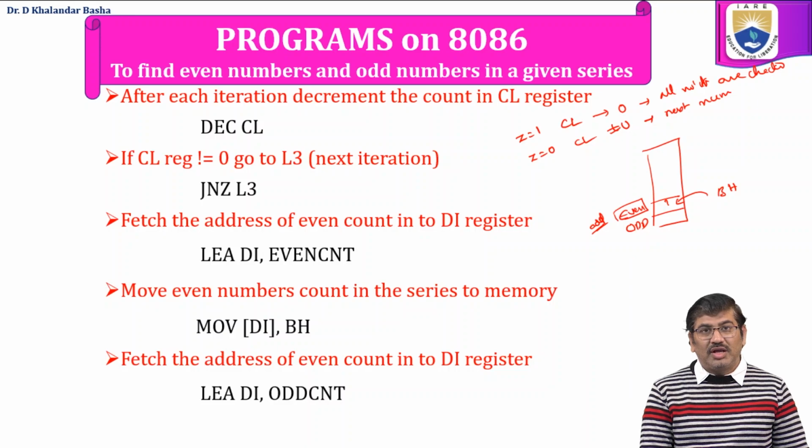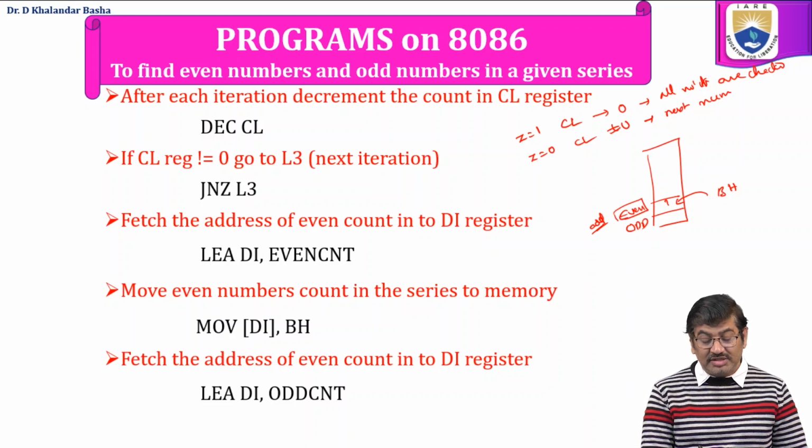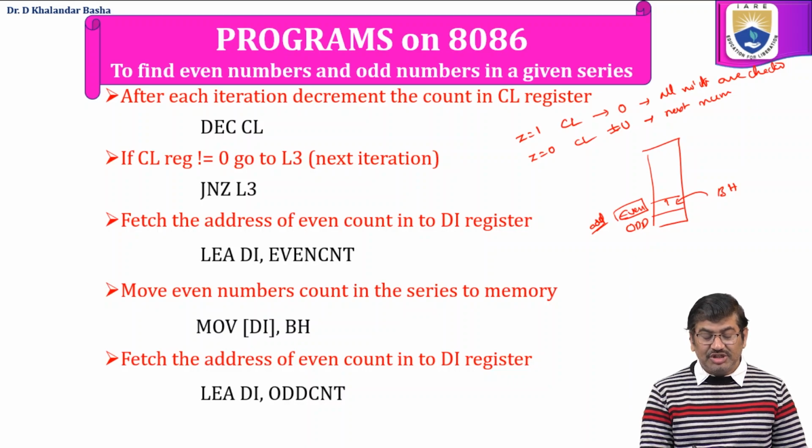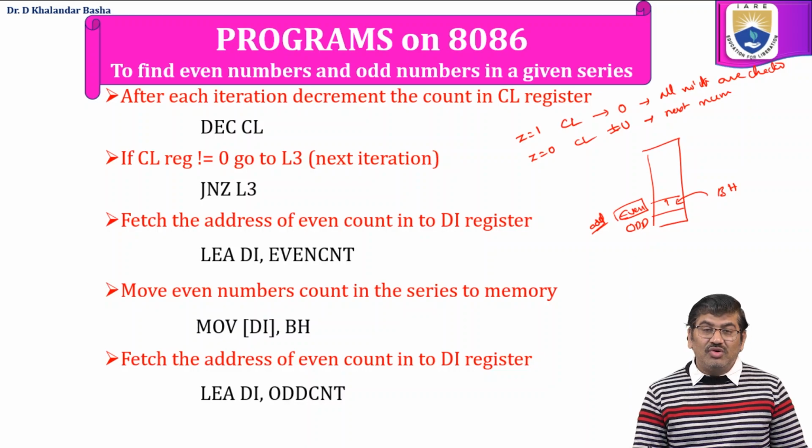Then we write the BH contents into the memory location whose address is loaded into the DI register. So MOV [DI], BH. This instruction will load the number of even numbers in the given series, which are present in the BH register, into the memory location.